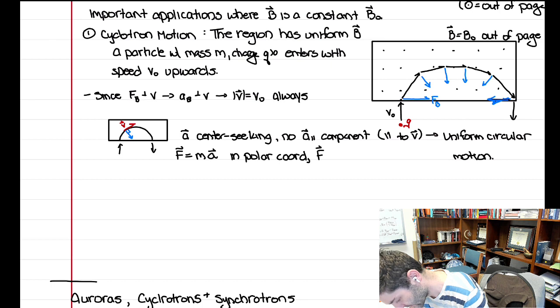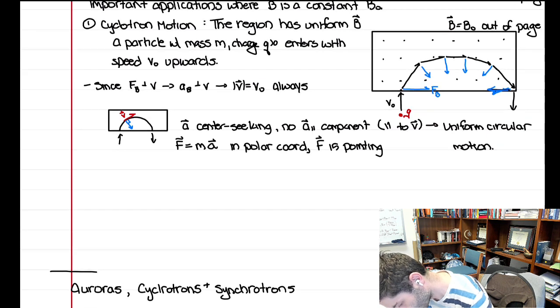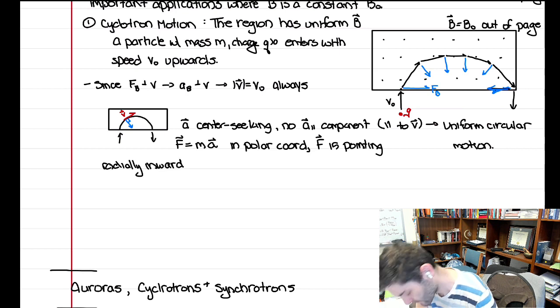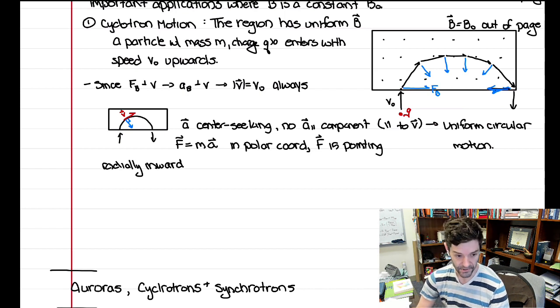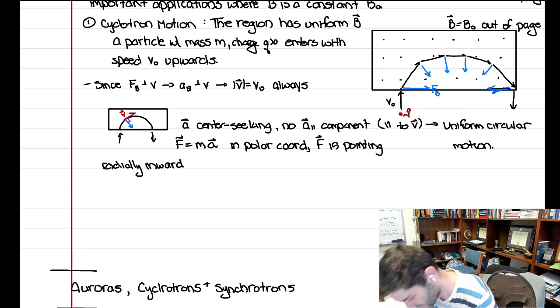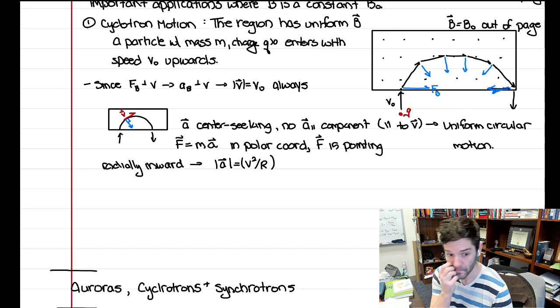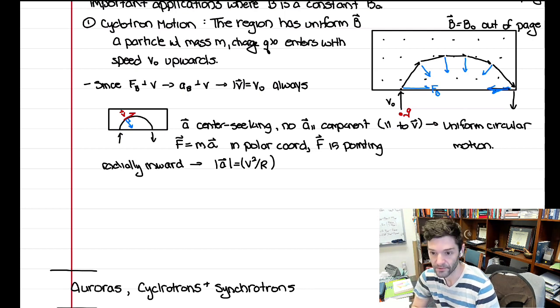The force is pointing radially inward. So as a result, the acceleration is pointing radially inward. And then we have that the magnitude of the acceleration in uniform circular motion is just v squared over r. And it points towards the center of the circle.